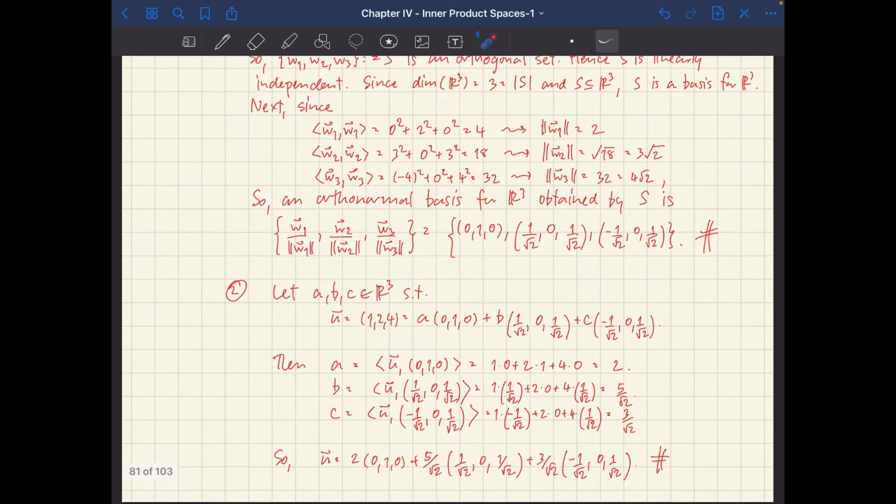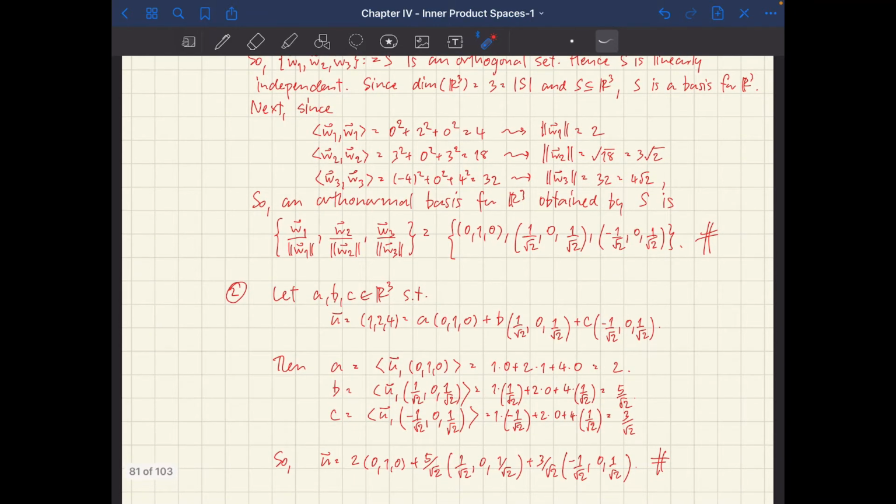You can show that A, the inner product of u with the first vector, is equal to 2, B, the inner product of u with the second vector, is equal to 5 over square root 2, and C, the inner product of u with the third vector, is equal to 3 over square root 2.